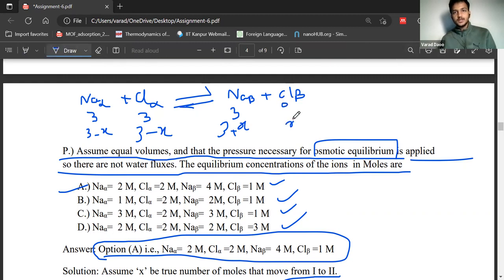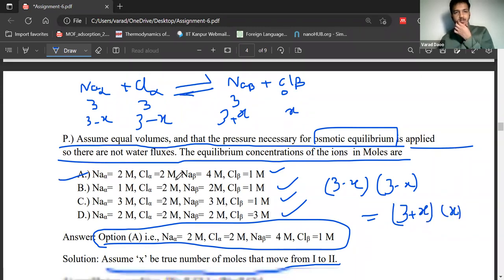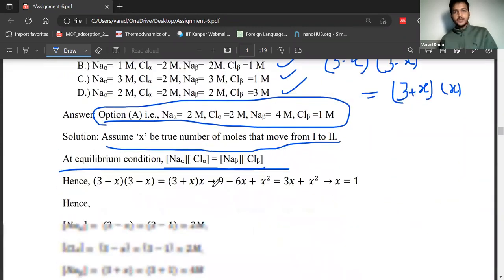So this will be x, right? So it will be 3 minus x multiplied by 3 minus x is equal to 3 plus x into x, right? Using this expression.